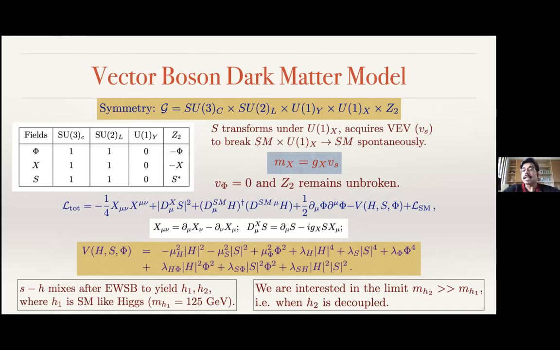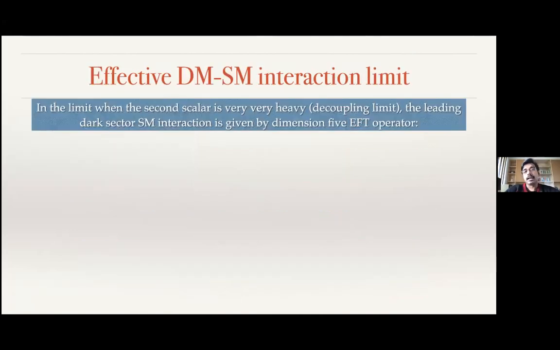Now you see that if you completely get rid of this S field, or rather H2 after symmetry breaking, because you want to make it very heavy, the interaction between X and the standard model is no more there. So what you require is that, in the limit when the second scalar is very heavy, the dark matter standard model interaction is given by an effective interaction.